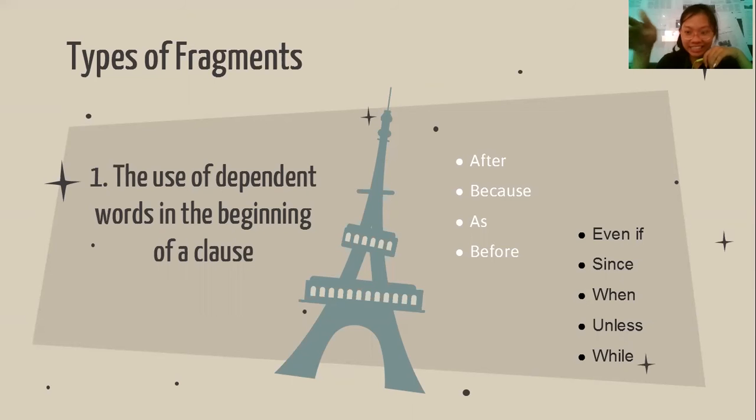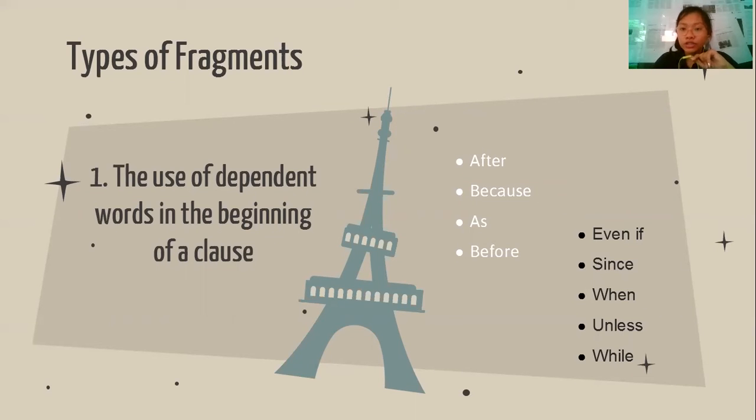Because Christina told me. Do you think there's something wrong with that so-called sentence? What do you think? Yes, there's an error in that sentence. Why? Because in the very beginning of the clause, I used the word because.